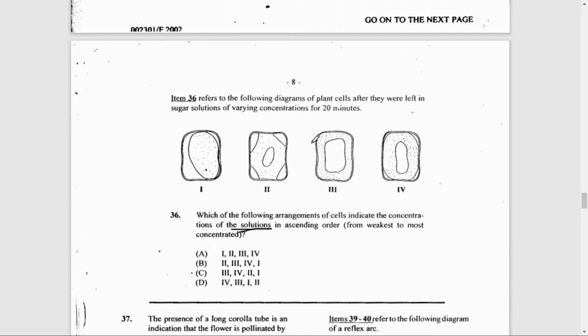The one that lost the most water is the first one here, because the solution around it was most concentrated. Number 3 hardly lost any water because the solution around it was least concentrated. Or we could conclude that they were of approximately the same concentration.